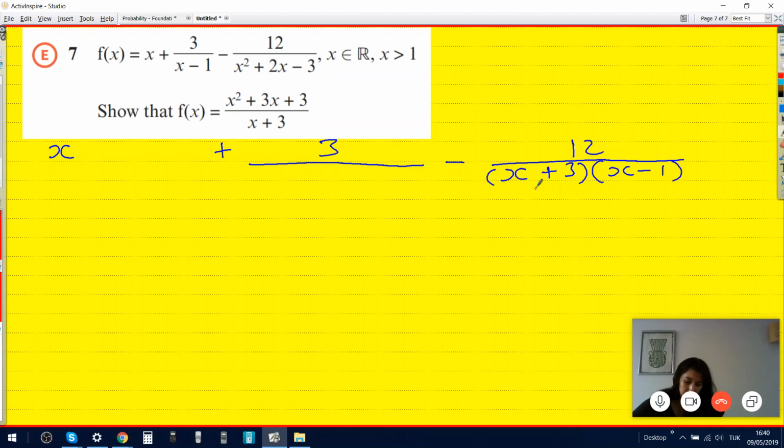So you factorise the bottom of the third one. Mm-hmm. So you get x minus 1, x plus 3. Oh yeah, you already done that. And then 3 already has an x minus 1. So you times the numerator by x plus 3, and then the bottom's x plus 3.